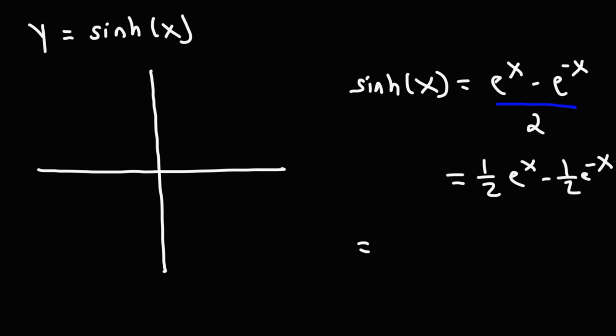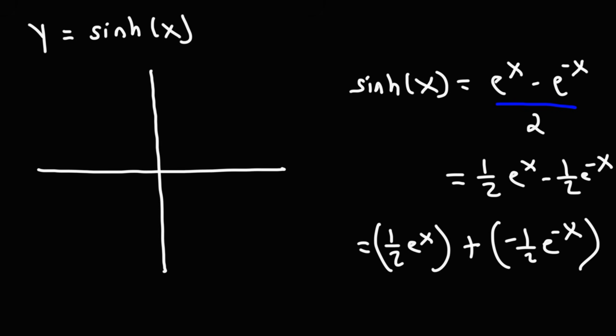Or see it this way, see it as the sum of these two graphs: 1/2 e to the x plus negative 1/2 e to the negative x. So what we're going to do is graph each of these components of the hyperbolic sine function.